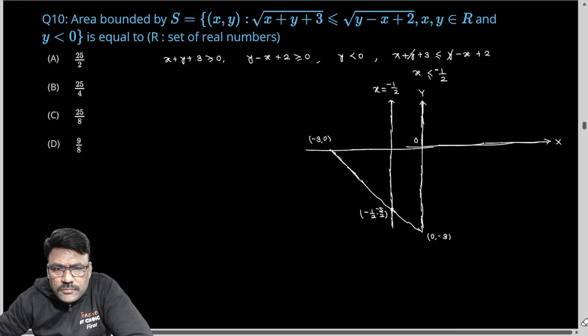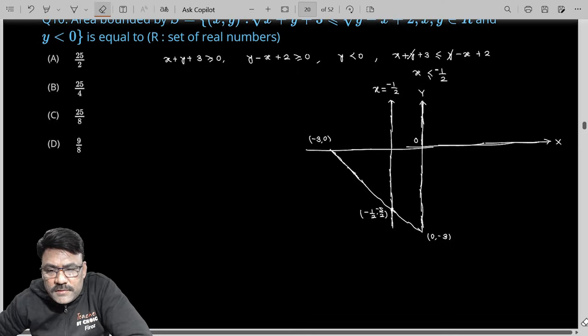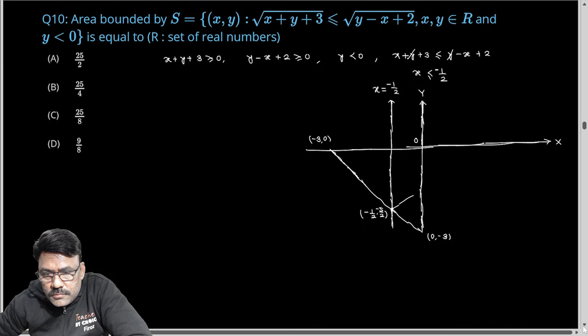So yes, your second line is basically a line like this. This point is 2 comma 0. This point is 0 comma 2.